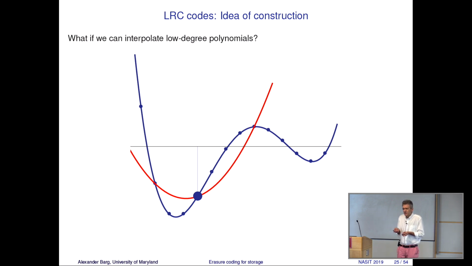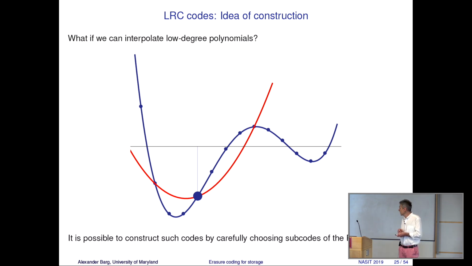It is easy to do for one lost point, but we want this for every point. So 3 points are connected. If this one is lost, we again could interpolate this low degree polynomial. Of course, this is a drawback of my visualization, but never mind, I know what is going on, it's fine.